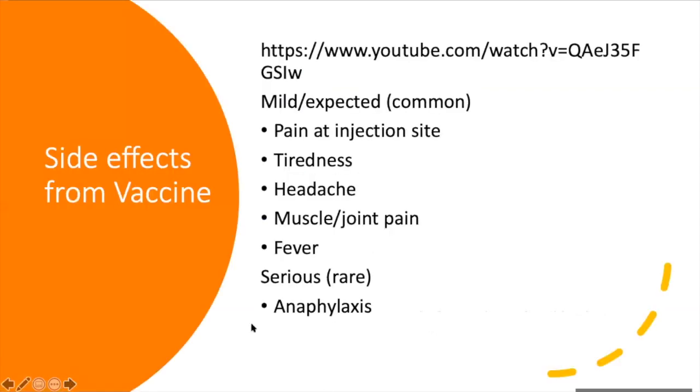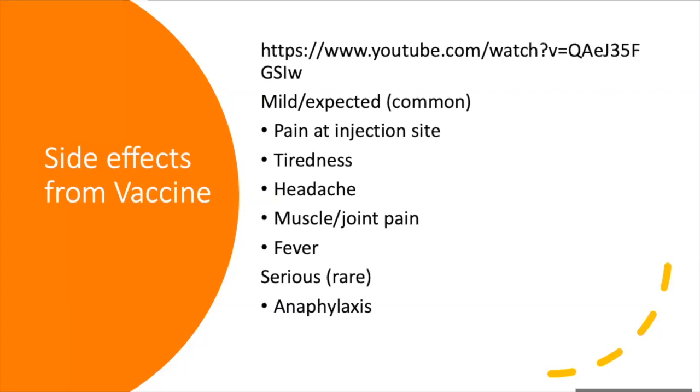Okay, so side effects. I got a lot of questions about side effects from the vaccine, so I do want to show you another video. I think it's also good, rather than me just talking, that you have a visual idea of what happens in your body. But the thing about side effects is that you almost want to have side effects. The reason that you have side effects is because your body is having a reaction.